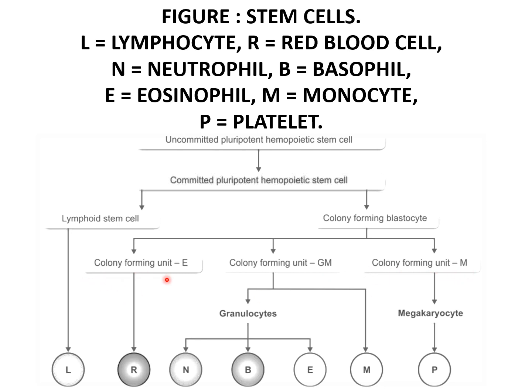From colony forming unit E, erythrocytes or red blood cells develop. From colony forming unit GM, granulocytes, the three cells neutrophil, basophil and eosinophil, are derived, and monocytes are also developed. From colony forming unit M, platelets are developed.